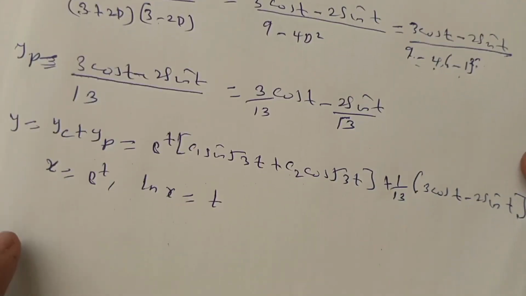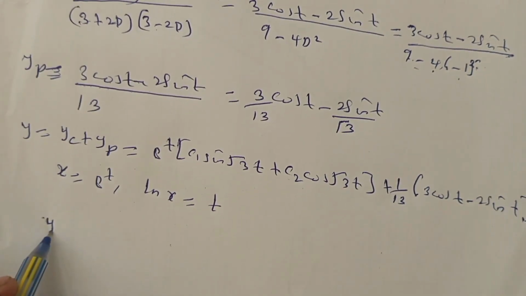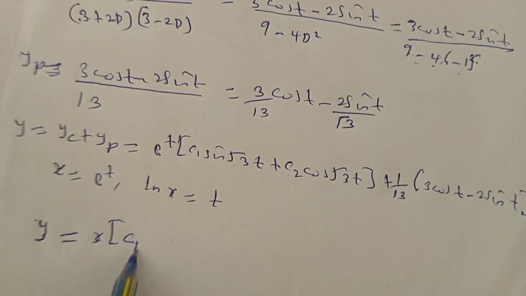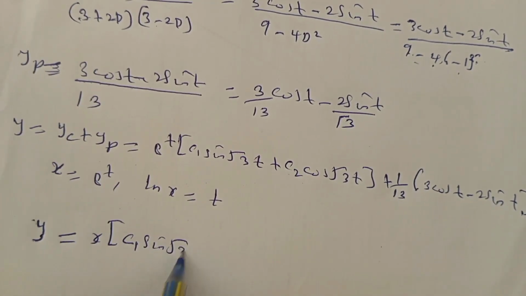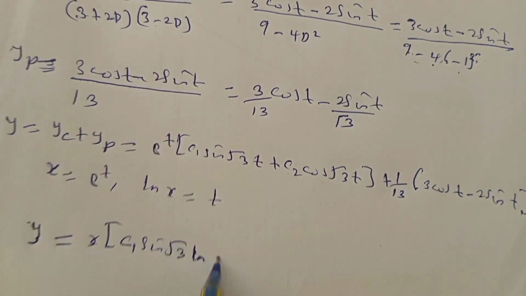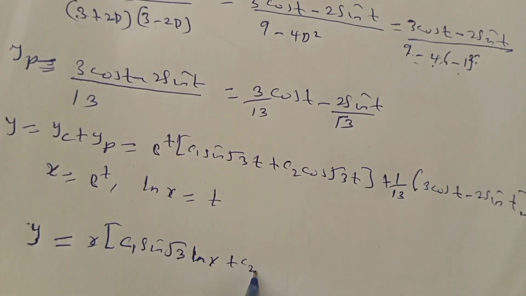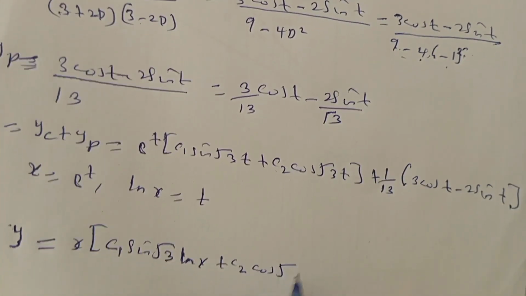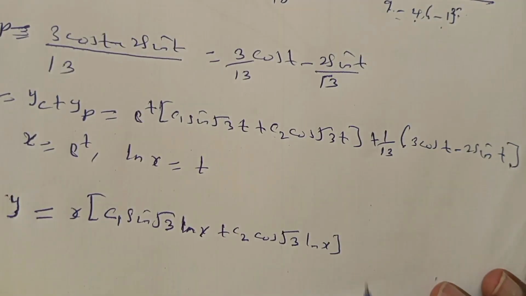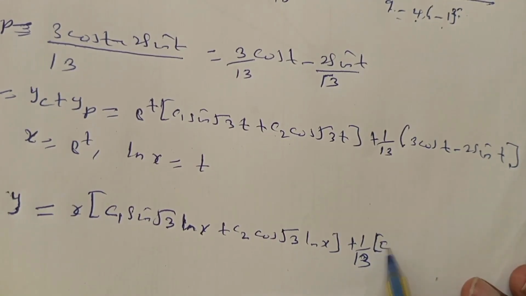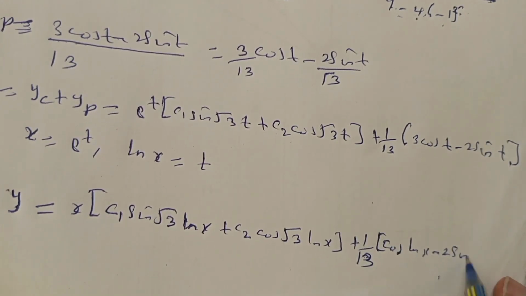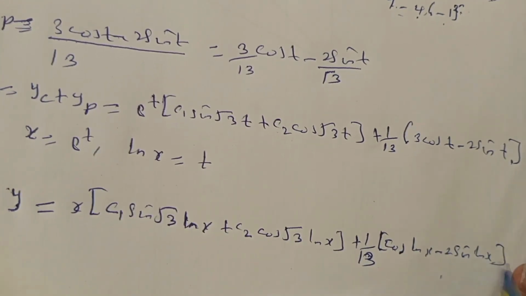So we make those substitutions so that now our y will be equal to x into bracket c1 sine of root 3 ln of x plus c2 cos of root 3 ln of x, we close the bracket, plus 1 over 13 bracket 3 cos of ln x minus 2 sine of ln x, we close the bracket.